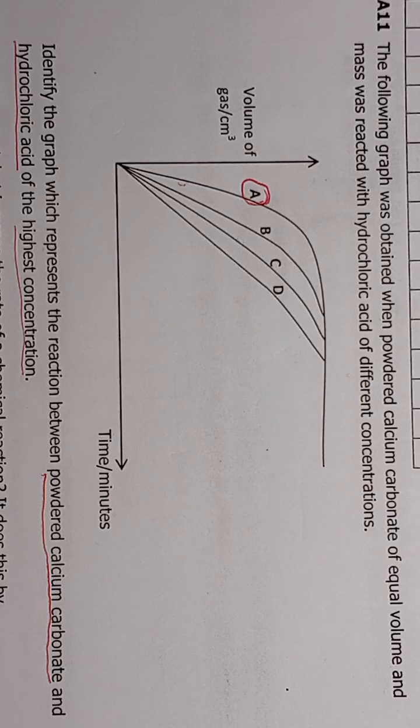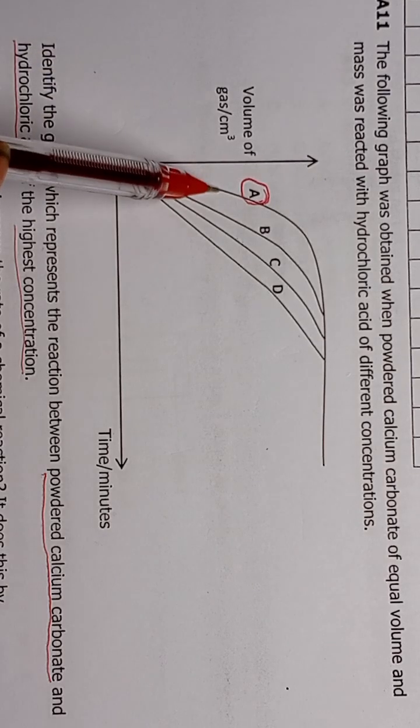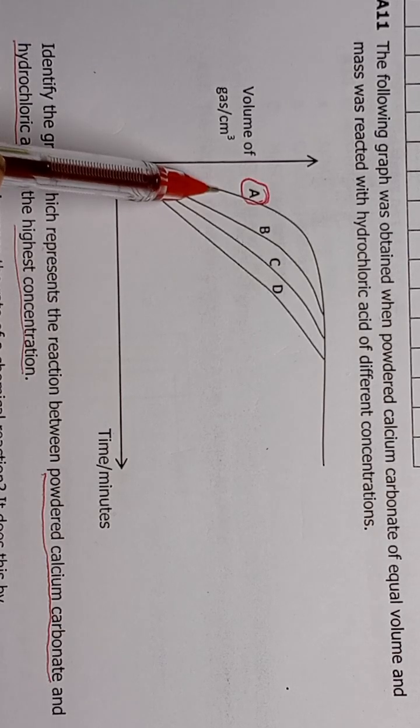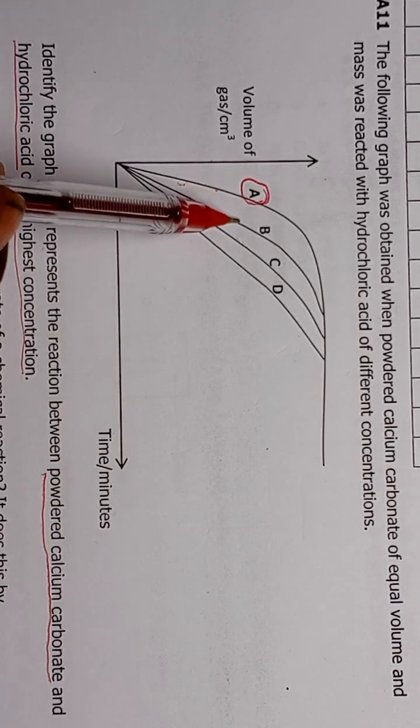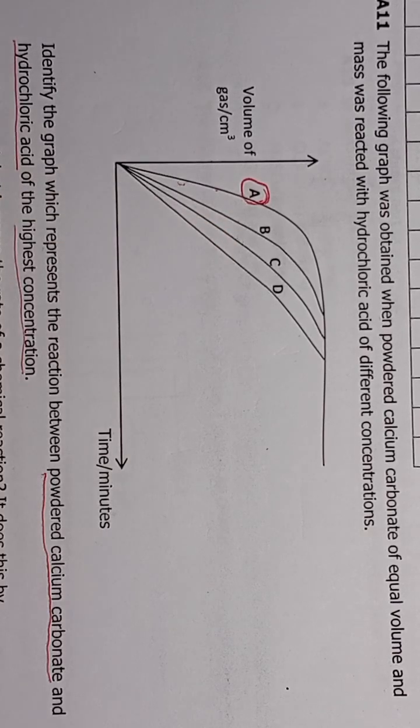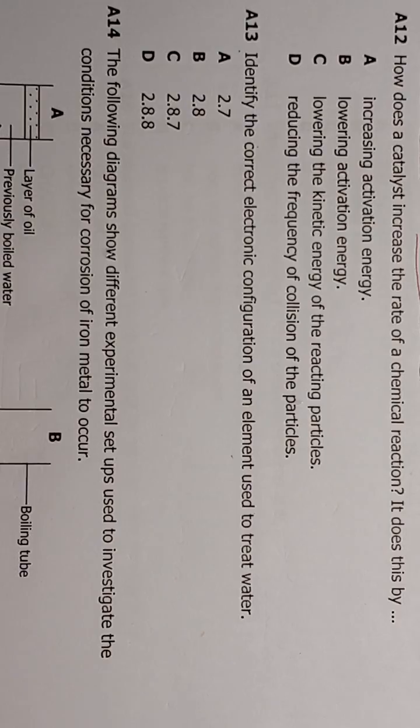So how did we know that graph A is showing the fastest reaction? Remember that the steeper the gradient, so graph A, it is steeper. In other words, it is closer to the y-axis than these three graphs.